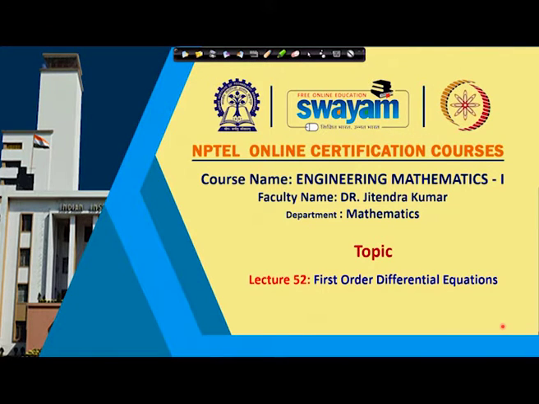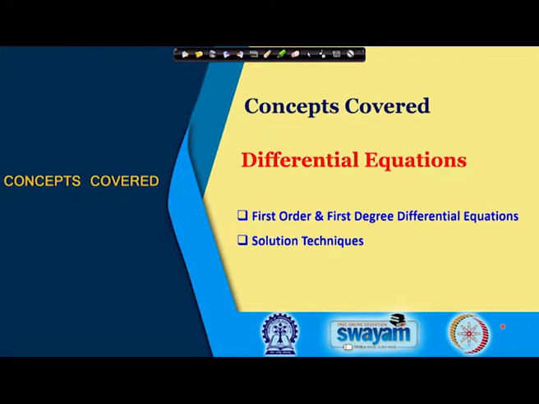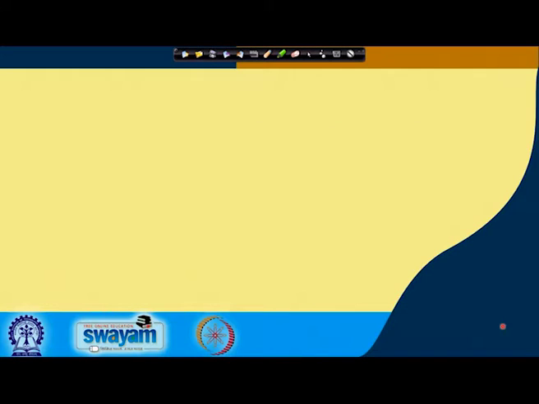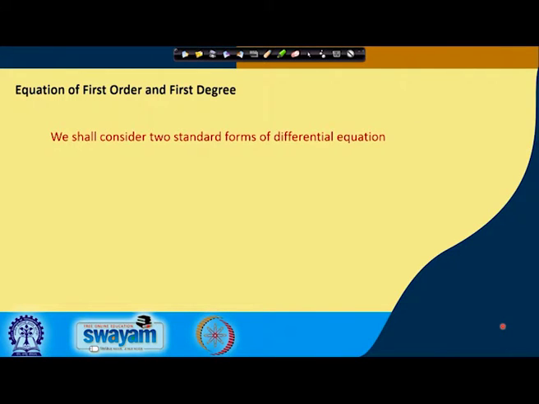Today we will be talking about first order differential equations, and mainly we will consider first order and first degree differential equations and their solution techniques. We will focus on two standard forms. The first is dy over dx is equal to f of x, y, a function of x and y on the right hand side.